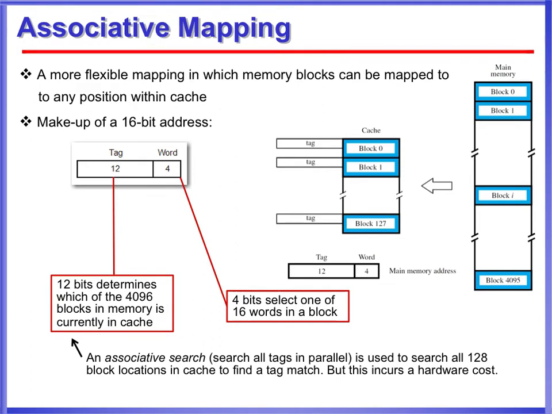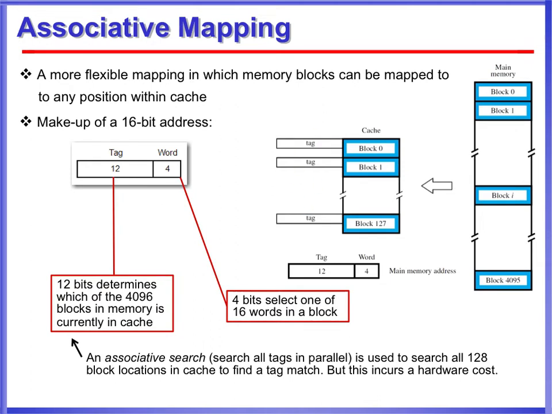So what would a 16-bit address now in this particular example look like? Well, again, we still need the 4 least significant bits to tell us which of the 16 words in a particular block we're looking for, okay? So each one of the 16 addresses in this block of data here will have a unique combination of 4 bits, and with 4 least significant bits, 2 to the 4 is 16. And then we still have to have a way of seeing if the block of memory in which resides the address we're interested in is in cache.